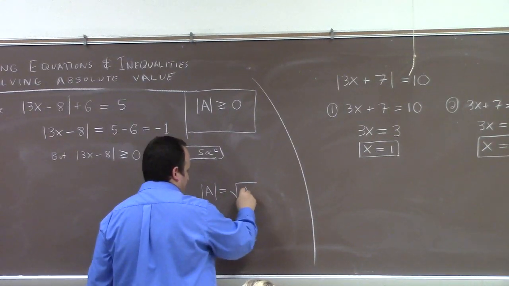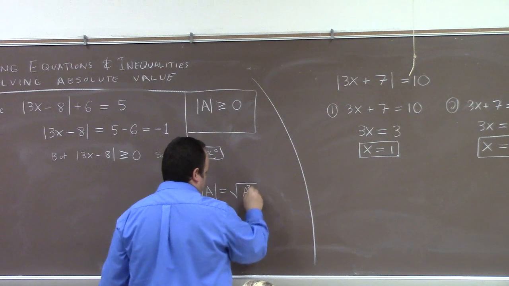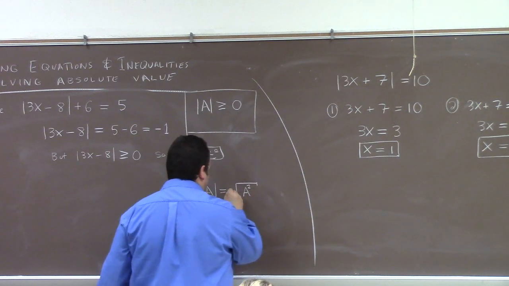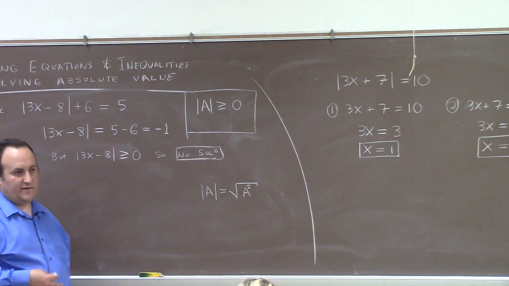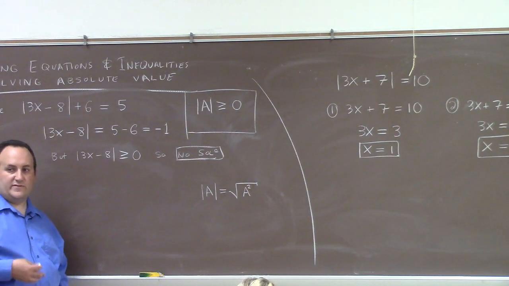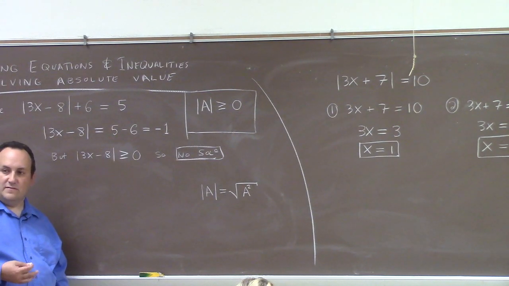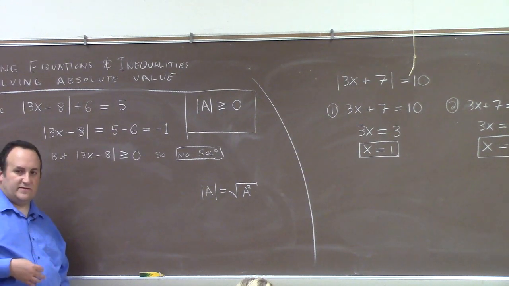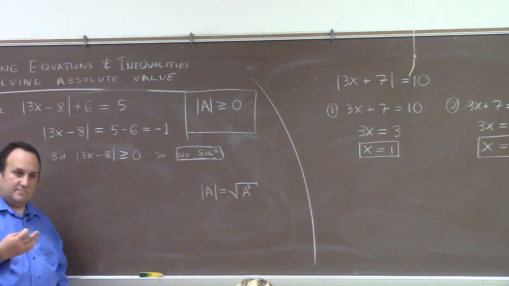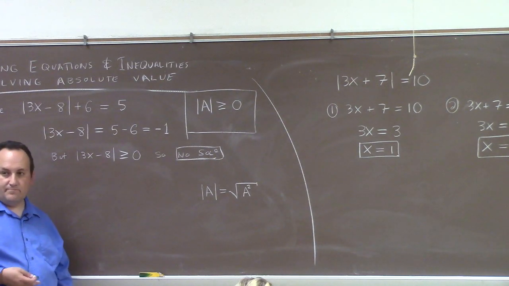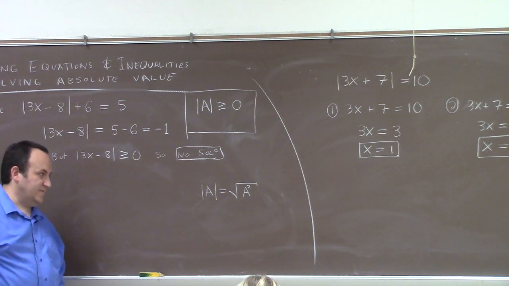If you want a formula for it, it's built from the positive square root. The same is true if we have an equation involving a square root. If you try to solve the square root of x equals minus 3, you can't find a solution because the square root is by definition non-negative. Same animal.